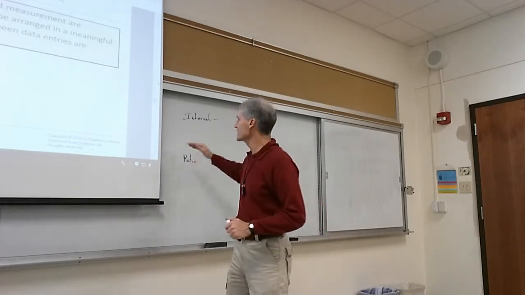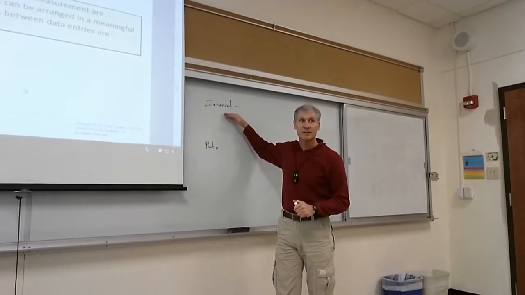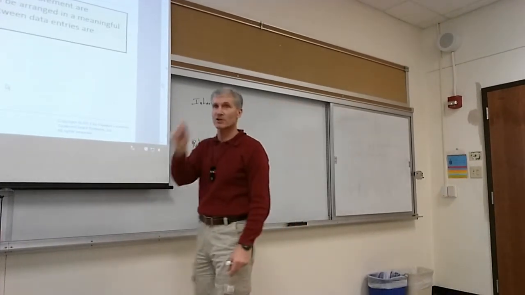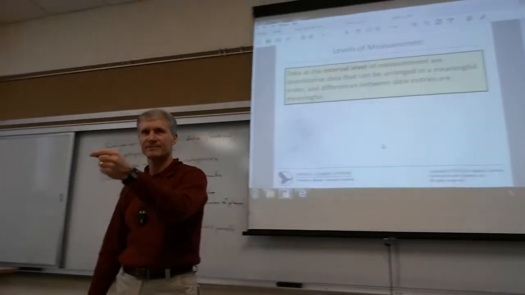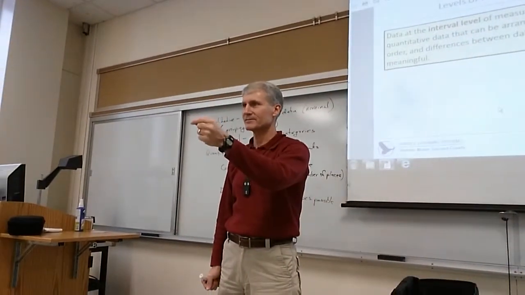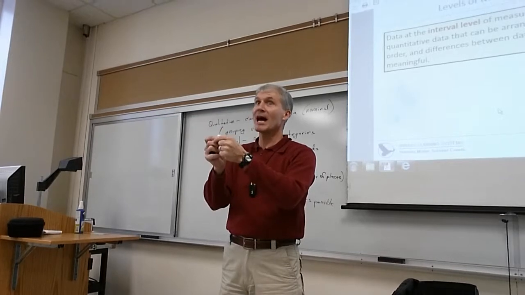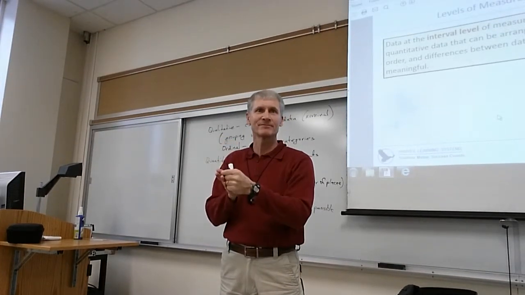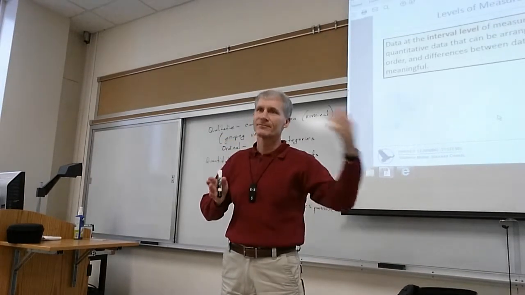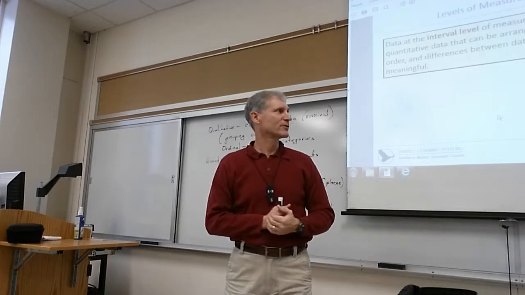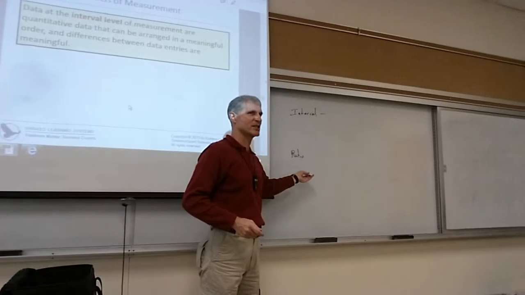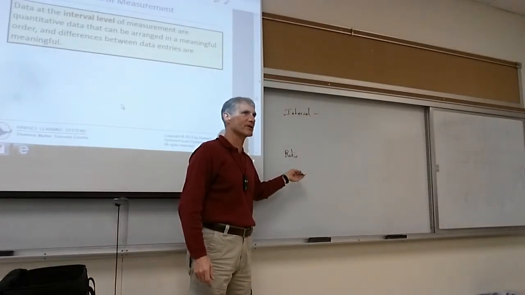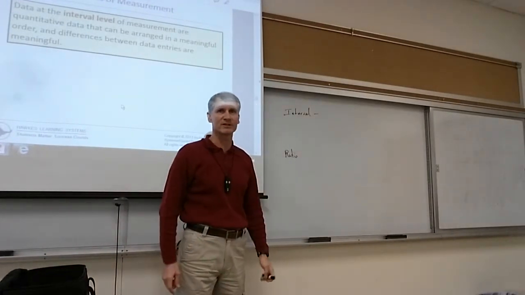But if the zero is arbitrary, like our years, this is the year 2015, the zero is an arbitrary placement, right, based on the birth of Christ. But it doesn't mean no time has gone by at year 0, right? So, interval, arbitrary 0. Ratio, a 0 that means truly there is none of whatever you're measuring.